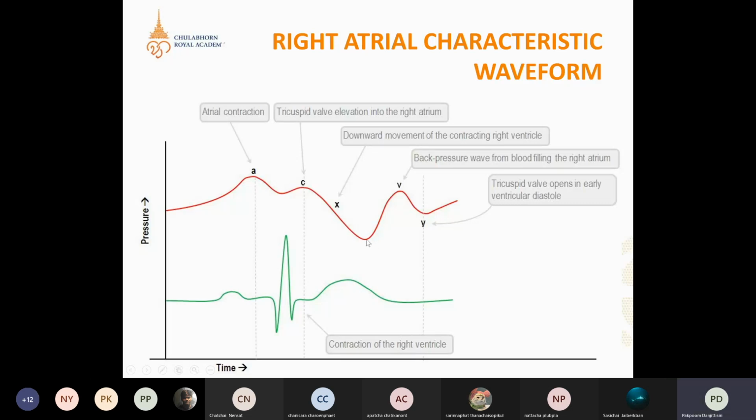At this point, imagine the blood from the left ventricle is ejected into the aorta, and the blood will go through the systemic circulation, right?